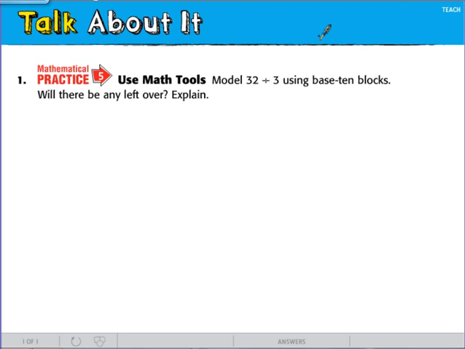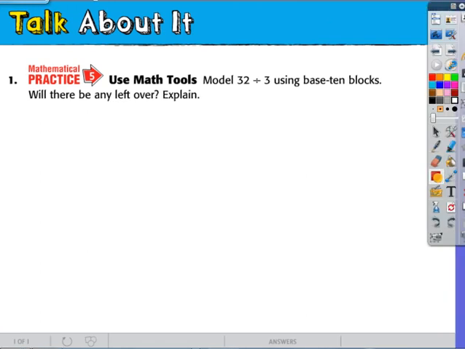Okay. The first thing that we want to do. Okay. It says model using base 10 blocks. We're going to draw these out so I can see that you understand how we're breaking these apart. So how many 10s do I need for 32? 3. So we'll use my trusty program here.